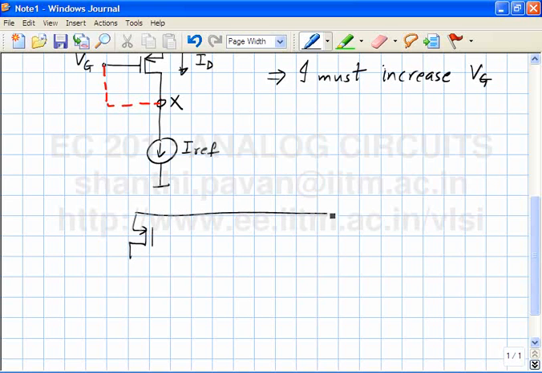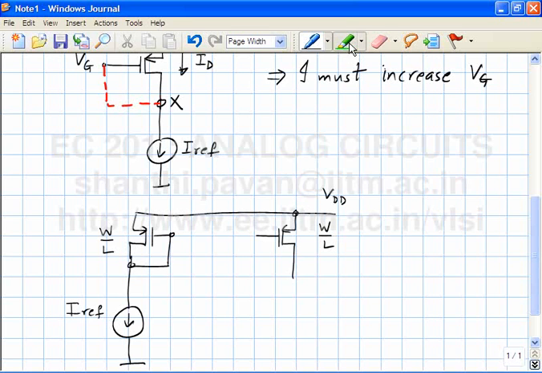So if I want to draw the complete circuit, one thing to do would be, if I had two identical transistors on the same chip for example, then I could use one transistor to figure out what VGS I need, which will force the drain current to be equal to IRef, and apply the same VGS to another identical device, and the second device, this one here, is the one which is doing the actual amplification.